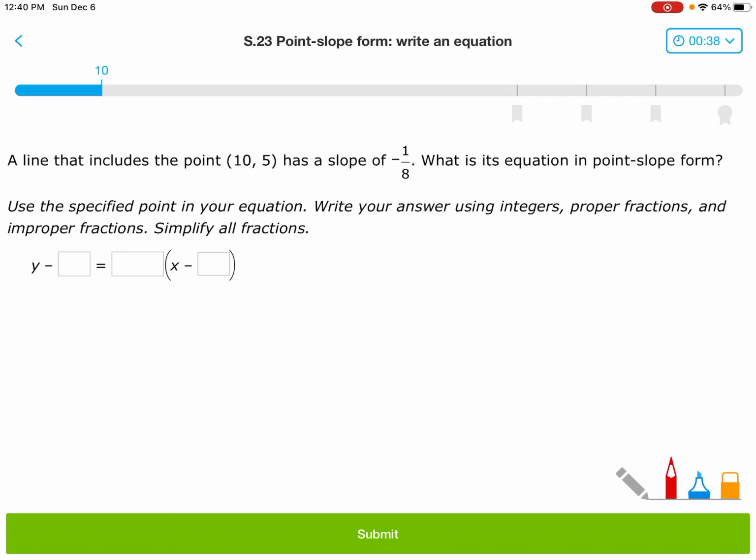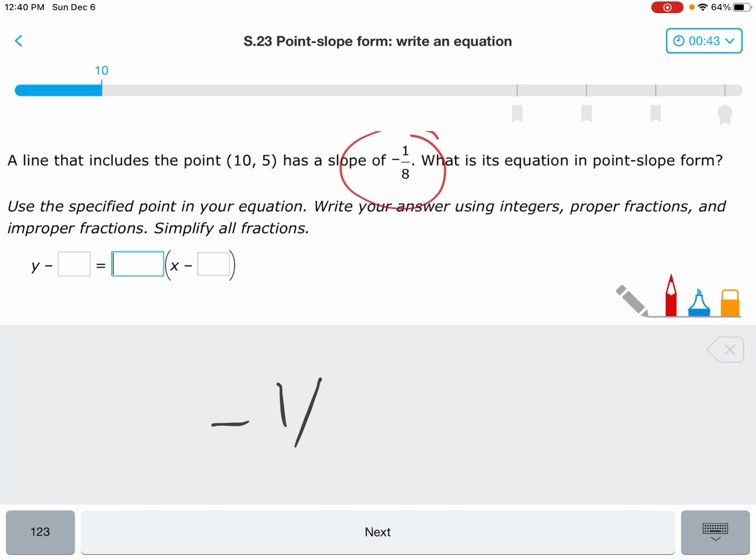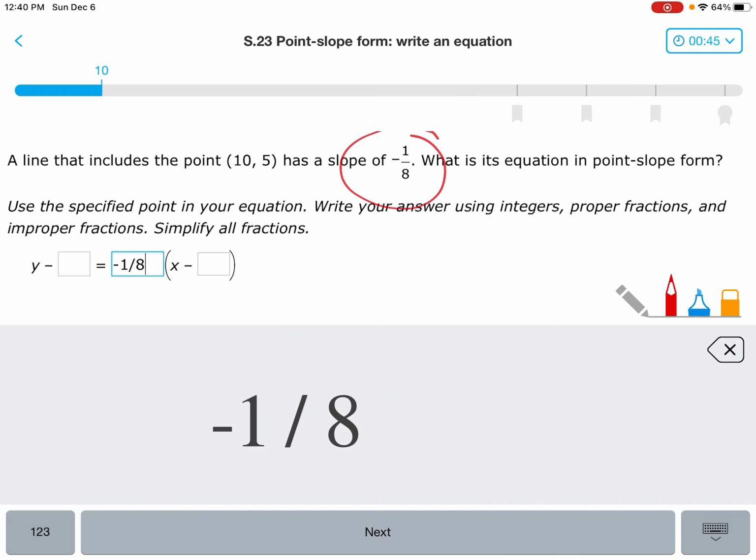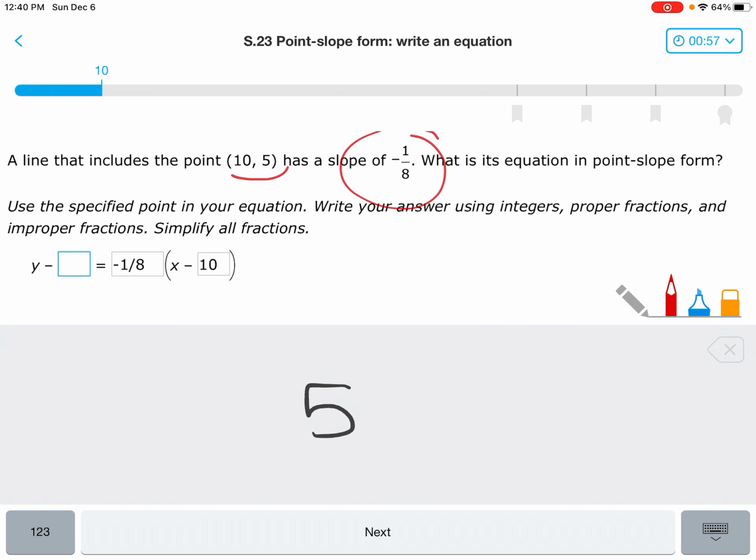Okay, so the next one, here's our slope, -1/8. The point then, we have the values 10 and 5. So 10 for the x value, and for the y value, 5.